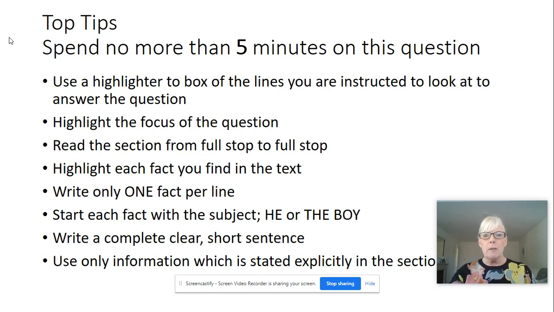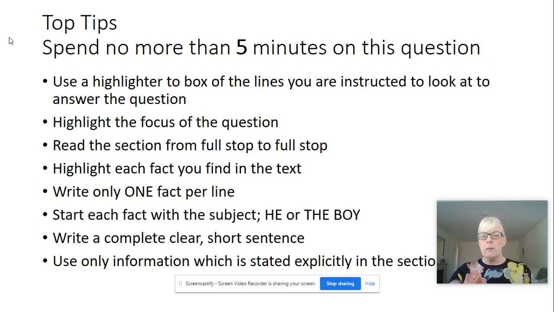Number 1, use a highlighter to box off the lines you are instructed to look at to answer the question. Oh, and if you can spot the mistake on my presentation there, it says box of. That should be 2 F's, box off. I'll fix that later.